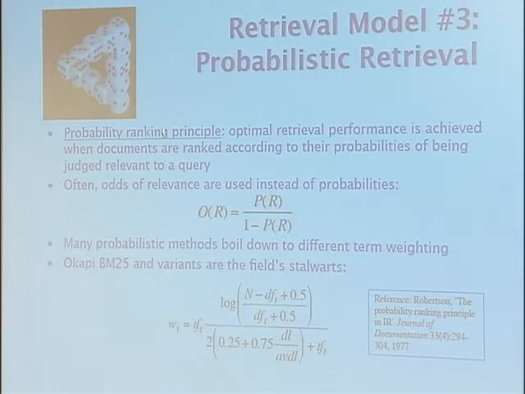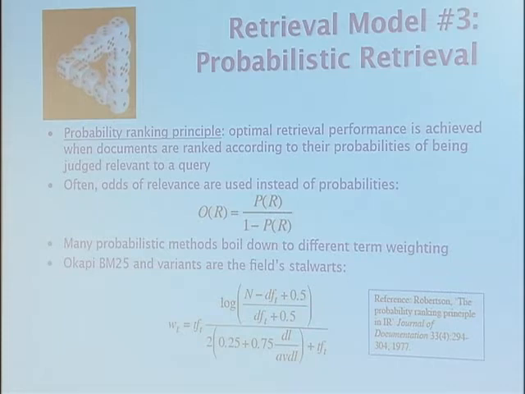This was called the probability ranking principle. It was stated by Robertson in this paper here. And it says that optimal retrieval performance is achieved when documents are ranked according to their probability of being judged relevant. It sort of makes sense, but this was the first explicit articulation of that point of view.